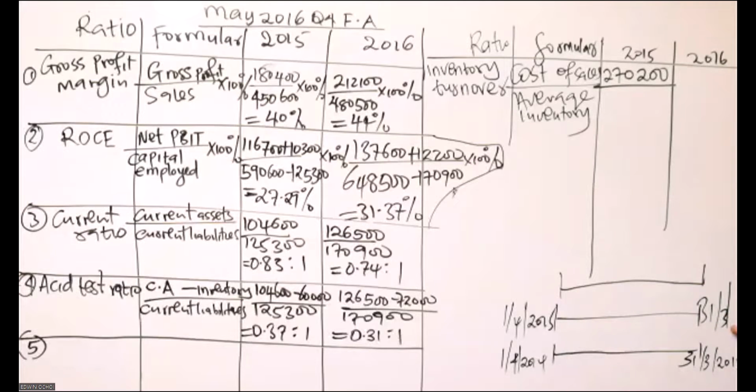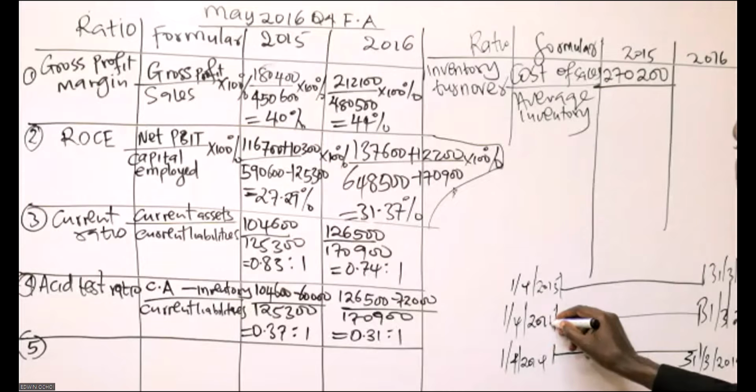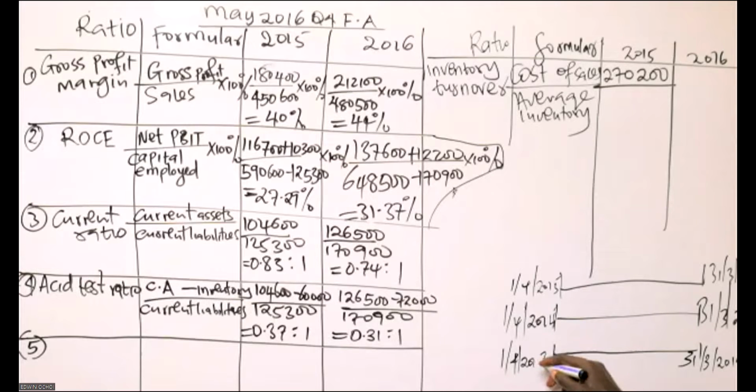Let me say we have 2014, 2015, and 31st March 2016. So meaning this is 1st April 2015. This is 14. This is 13.